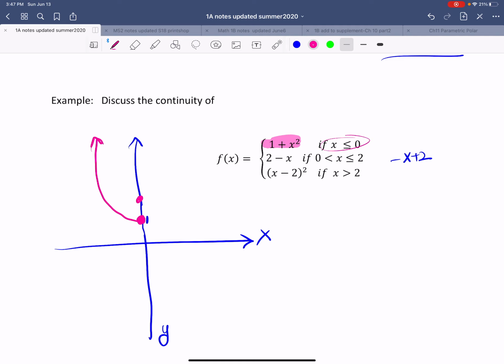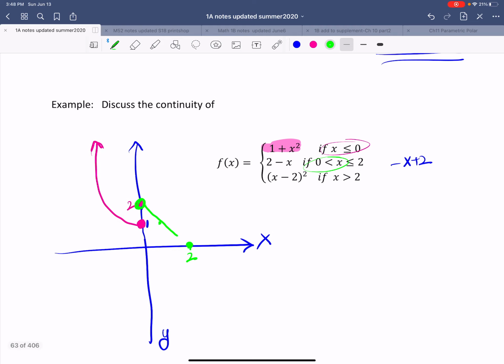When x is 0, the y value would be 2. That's what we have here, and it's going to be an open dot because we don't have an equal sign on the 0 side. When x is 1, y would be 1. When x is 2, y would be 0. So my graph looks something like this between 0 and 2.